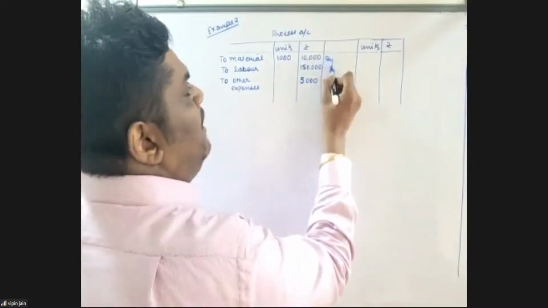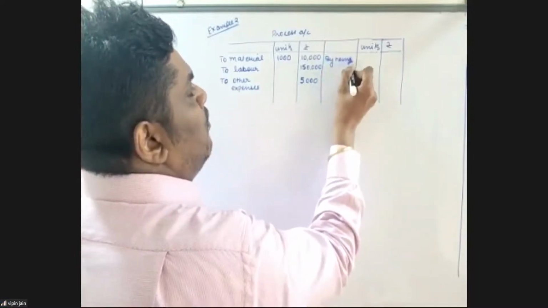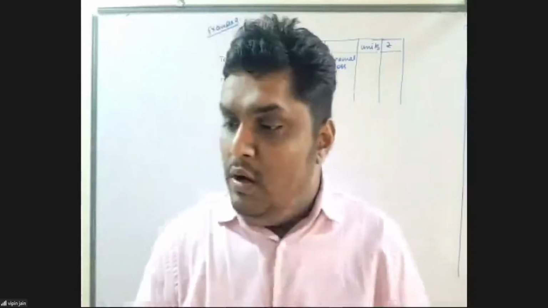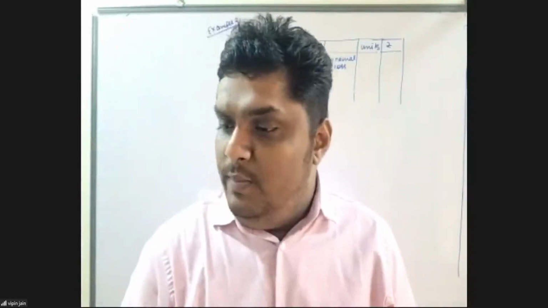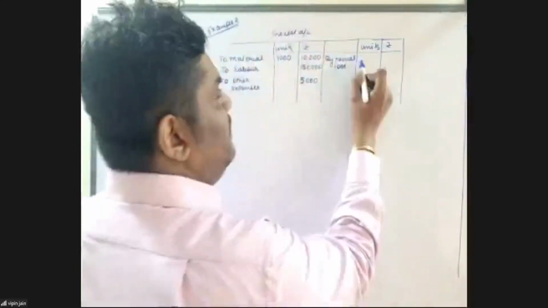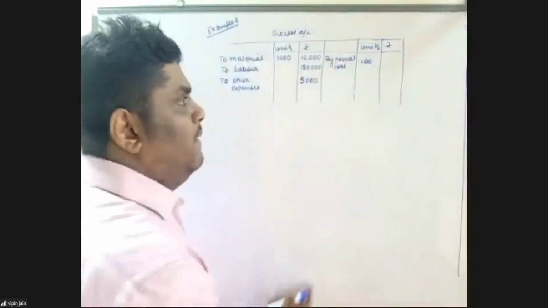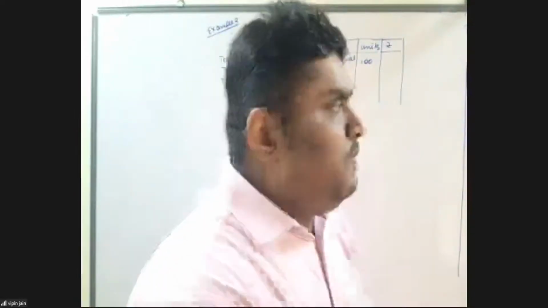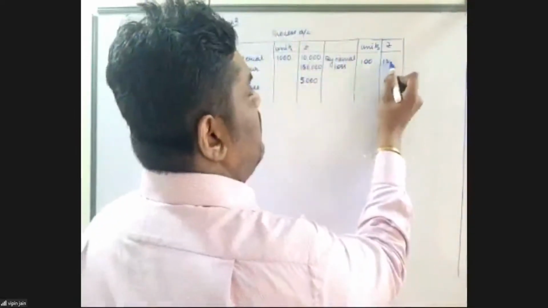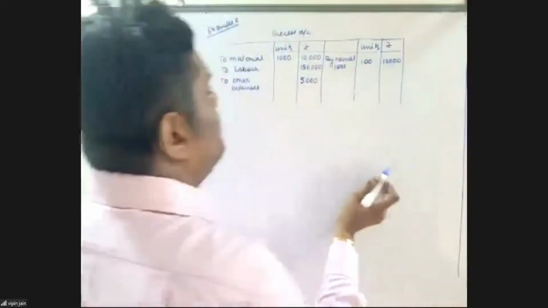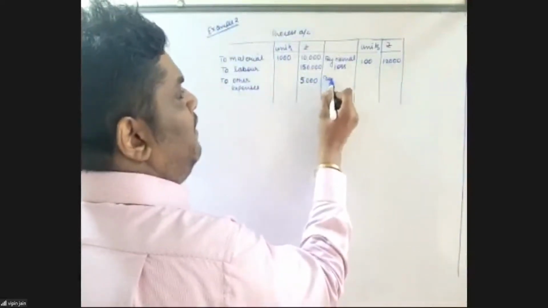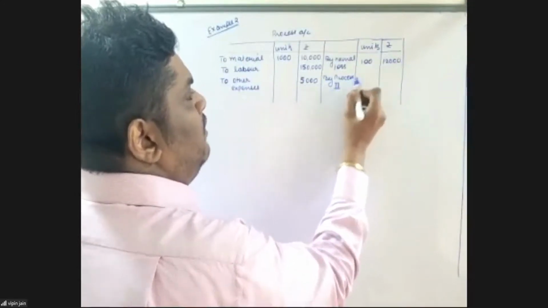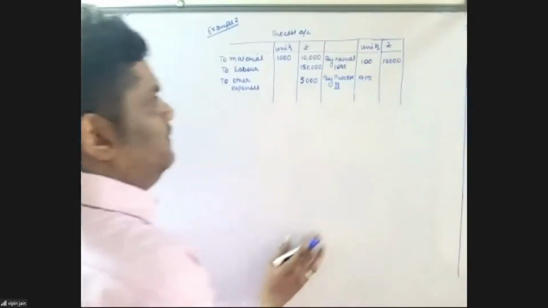Further, by normal loss, it is given in the question that the normal loss is at the rate of 10% of input. So the normal loss is 100 units. And further, the scrap value realized on sale of normal loss is 12,000 rupees. By process second, total 900 units are transferred.